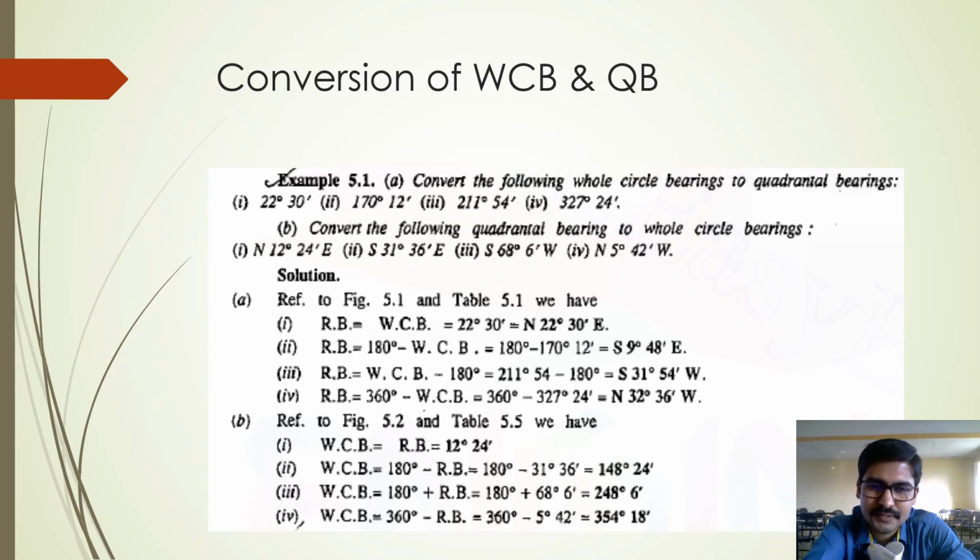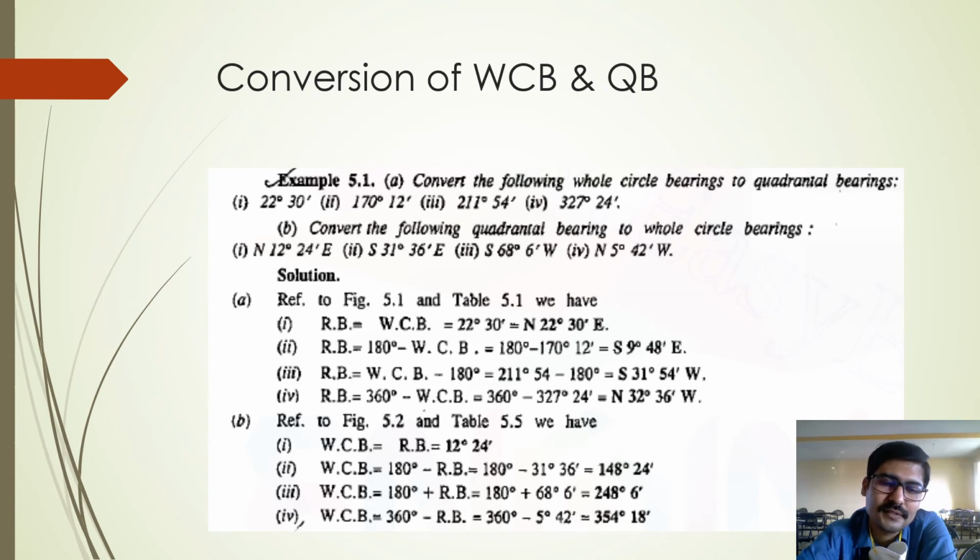In the first type of question, A, convert the following whole circle bearings to quadrantal bearings. So these are given in the whole circle bearing system, and you need to convert them to the quadrantal bearing system. In the first example, look at 22 degrees.